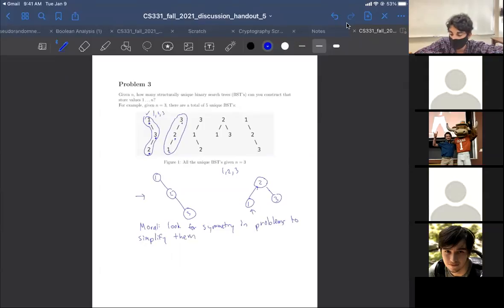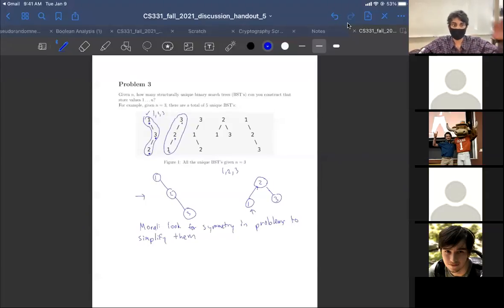The simplification is that the only thing we need to look for is the number of valid binary trees with n nodes. A binary search tree exactly corresponds to each one of these. And so now think about how to take this fact and count how many binary trees there are with exactly n nodes.